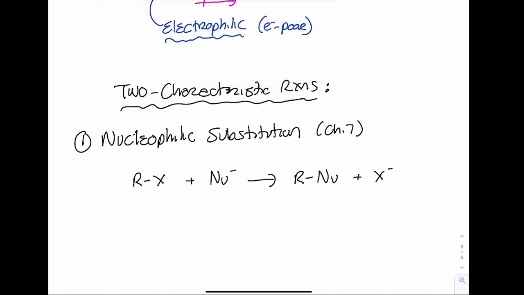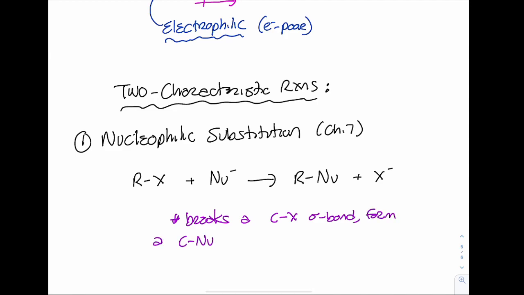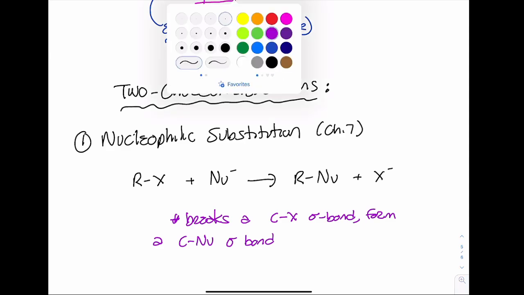Specifically, we're breaking a carbon-halogen sigma bond, we're forming a carbon-nucleophile sigma bond. So it breaks the carbon-halogen sigma bond, and then we form a carbon to that nucleophile sigma bond.